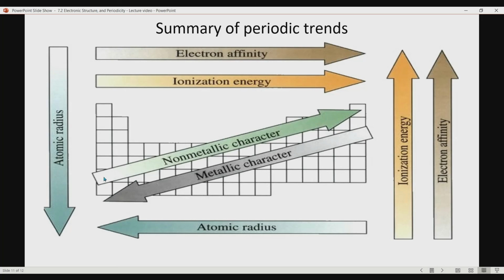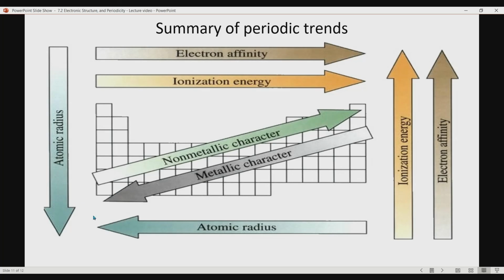So that is why non-metallic character is increasing from bottom left up until top right. And then the metallic character, we all know that most of the metals are here in the bottom part of the periodic table. So the metallic character is increasing from top right to bottom left.